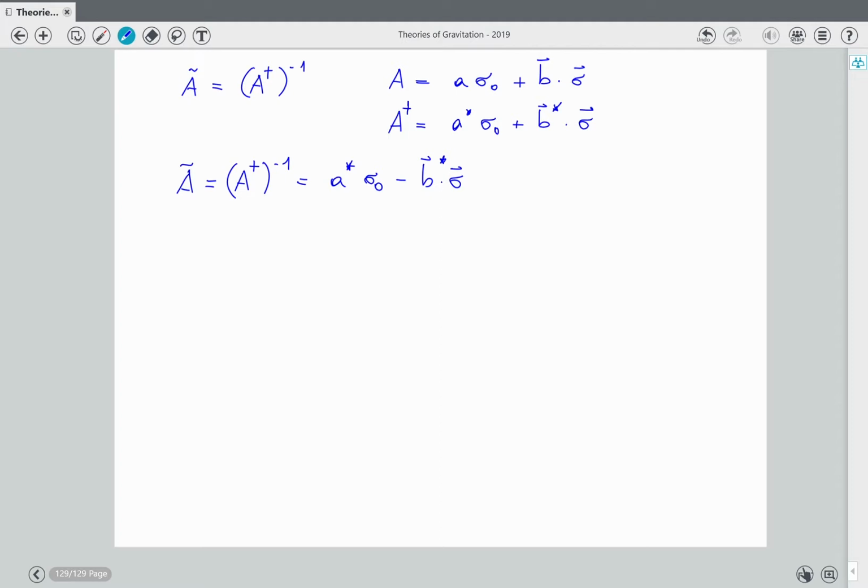Okay, and you can prove that A tilde dagger sigma tilde mu A tilde is equal to the same Lorentz transformation for the tilde, with the matrices with tilde.